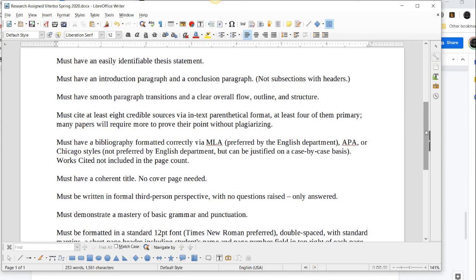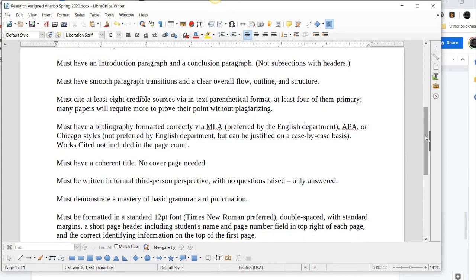Either the first or last sentence of your introduction paragraph, and it will be debatable and it will be specific. It will help you write your research paper and not write a chapter, a book, or a library, which you should do someday, but not for this paper. Introduction paragraph and conclusion paragraph, not entire subsections of a paper, right?